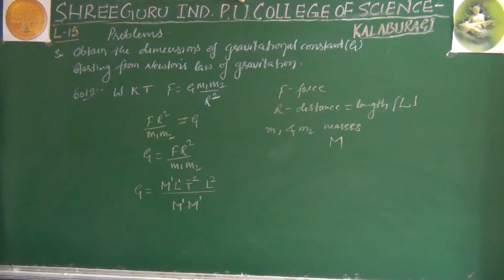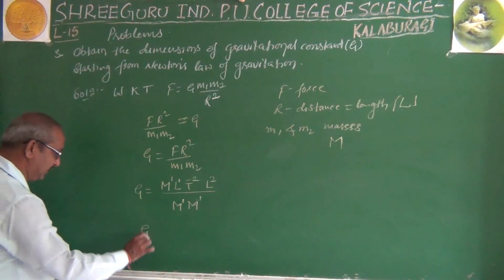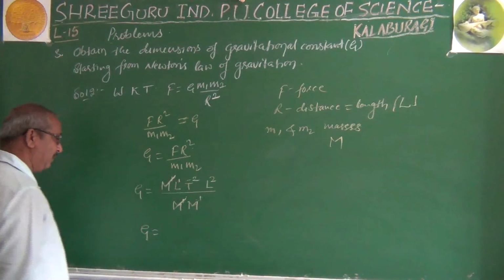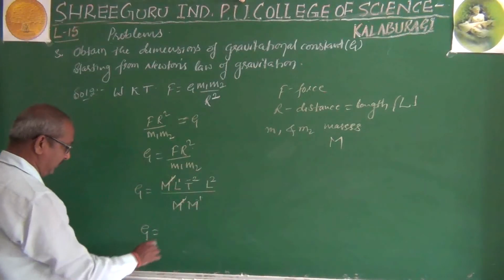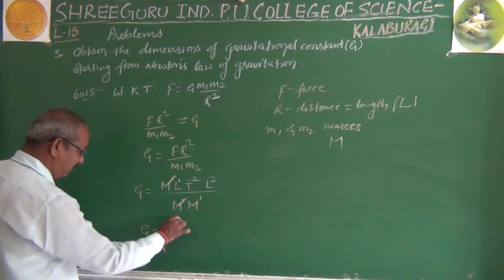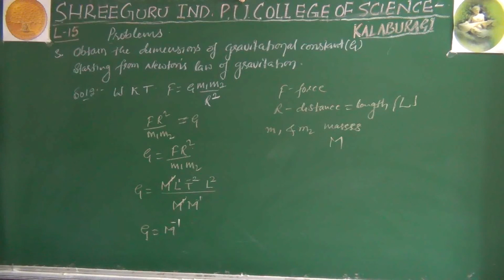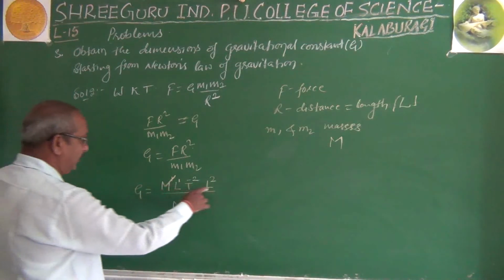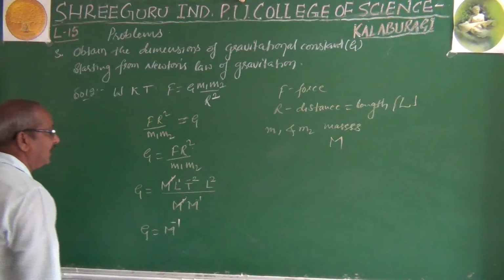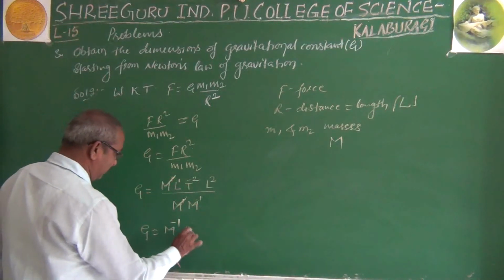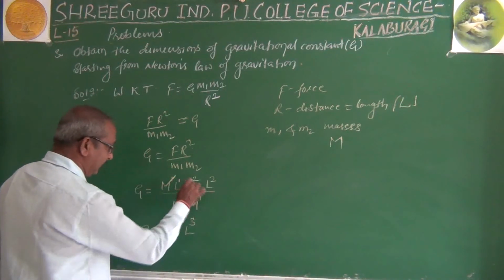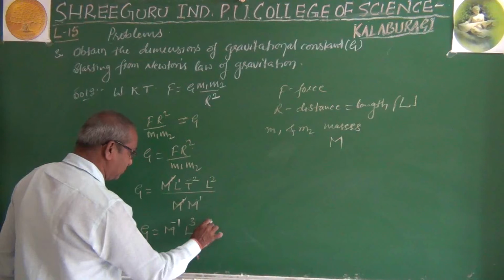Now simplify it. Here we will get G equal to this M, one M will cancel. This M you have to take to the numerator, that is M raised to minus 1. And here L raised to 1, and L raised to 2, the total becomes L raised to 3. And T raised to minus 2.